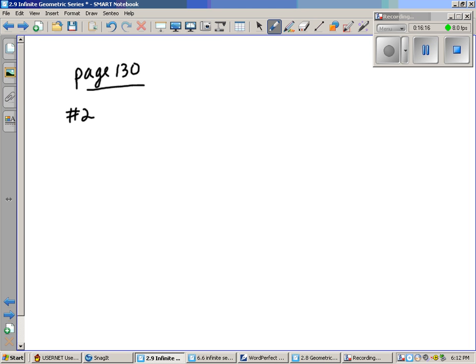So remember, that's all based on that ratio. If the ratio is less than 1, you can add it up. And then it says determine the sum in question 3. And number 5 is a little word problem. So number 2, 3, and 5. Actually, you only have to do 5A.